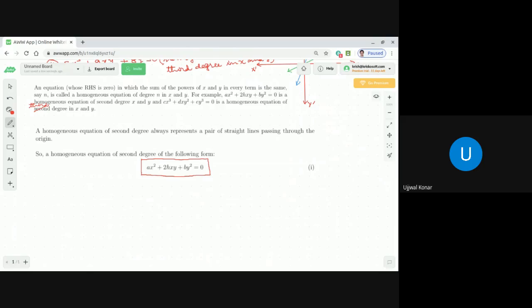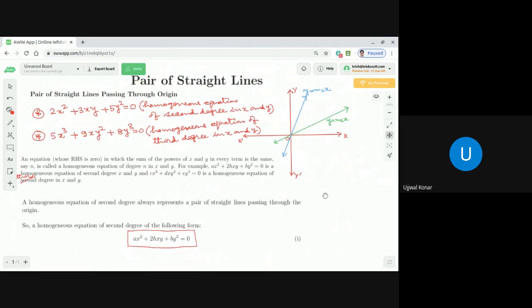So this jointly represents, as I was telling in the beginning, dear students, one way you can represent two straight lines passing through origin as y equal to m1x and y equal to m2x. Now, if you join y equal to m1x and y equal to m2x together, then you will get an equation something like ax square plus 2hxy plus by square equal to 0. That jointly represents a pair of straight lines.